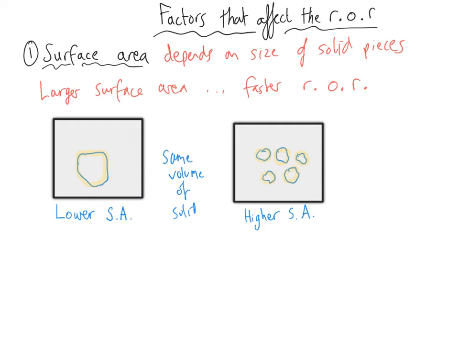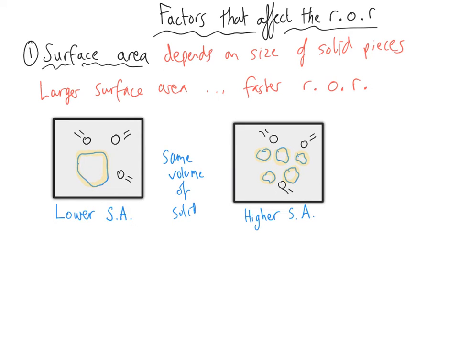And so what that means is if we have something that's going to react with the solid, let's draw a few particles of acid, say, then there is a greater surface area for the particles on the right hand side, and so collisions are going to be more frequent, and so that's absolutely vital.